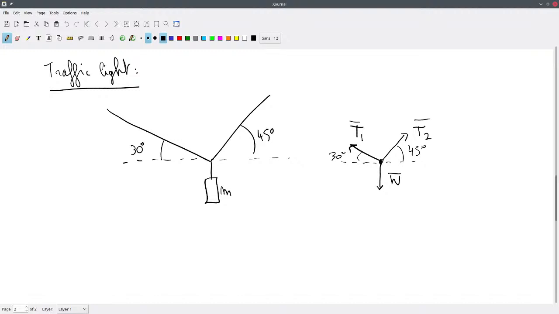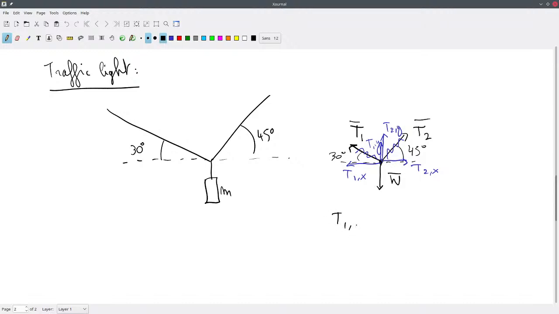And one thing that the textbook indicated already is that we can replace these forces with T2x and T2y, and get rid of that one. We can replace T1 with T1y and T1x, and get rid of this one, and that allows us to solve this problem more easily.